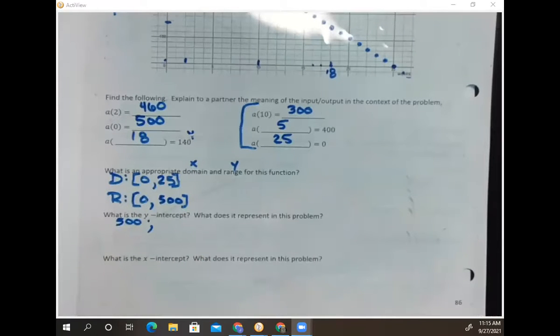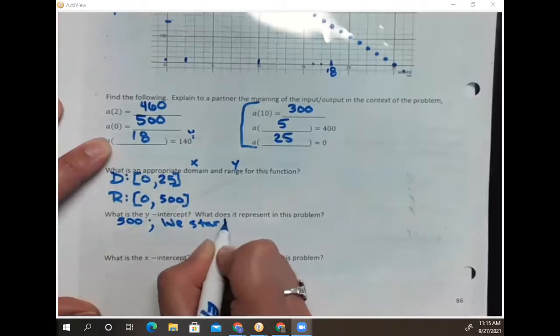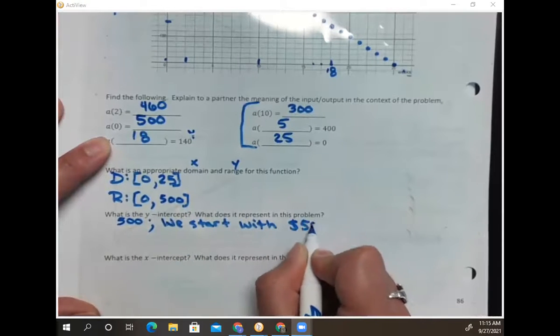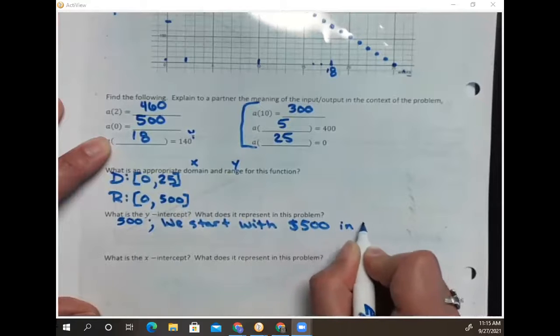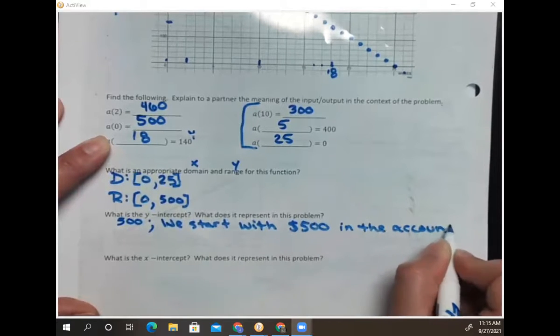So what does that 500 represent? Yeah, I'm starting at 0 weeks. You said I'm starting with $500 in the account. We start with $500 in the account, or at 0 weeks, we have $500.